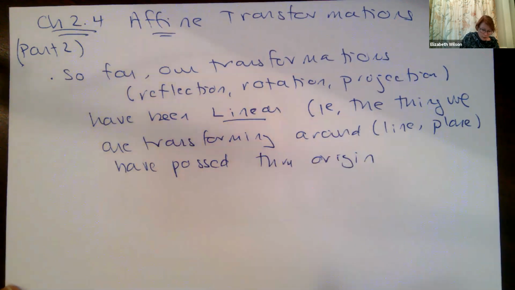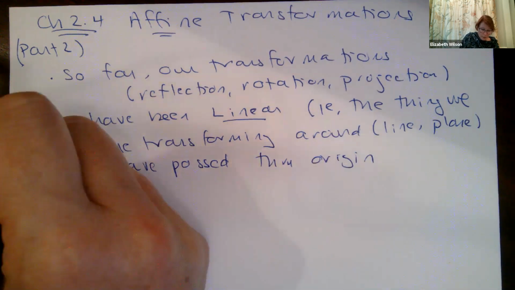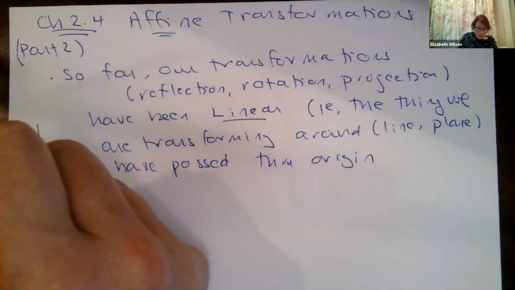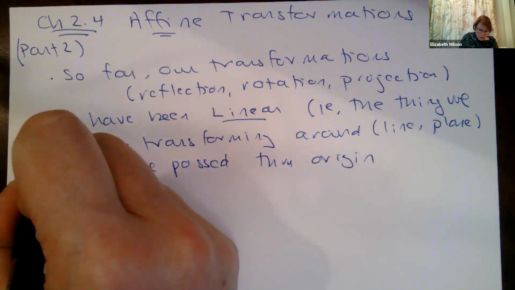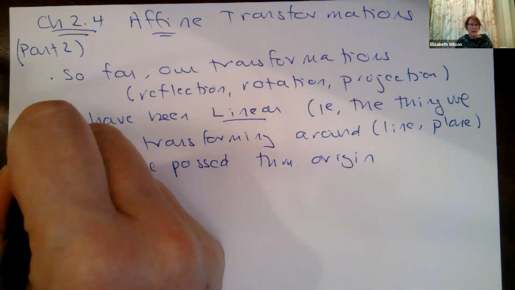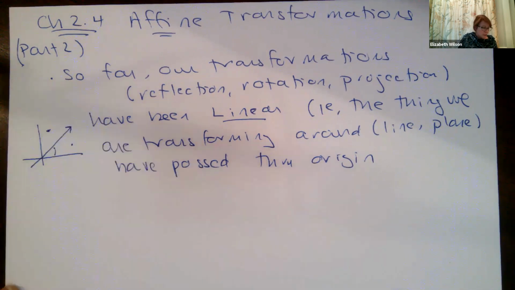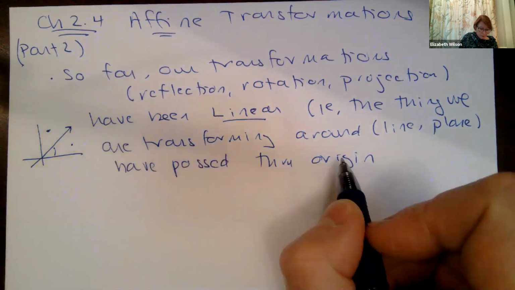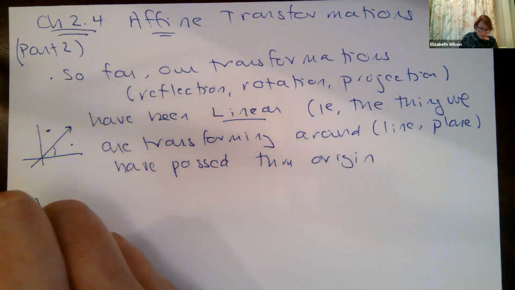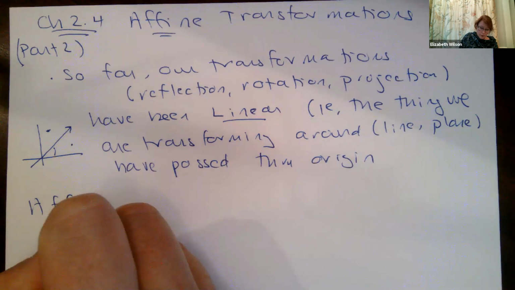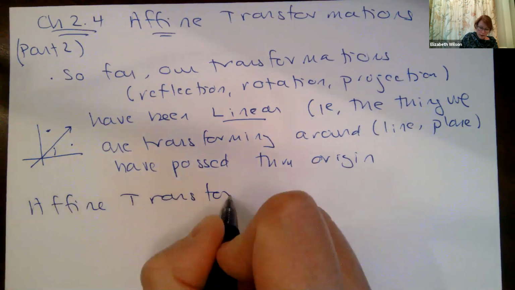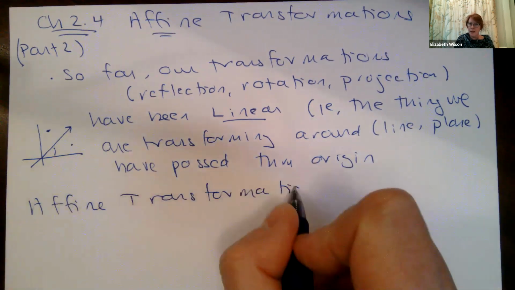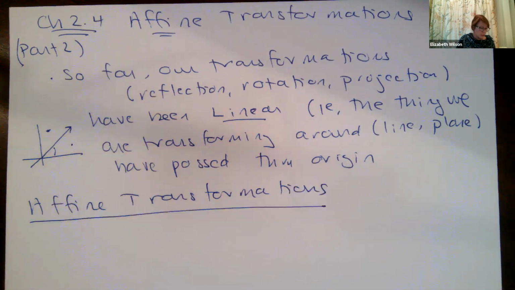So when we did, I had a line that did this, remember, and I said, oh, the line is forming an angle and I want to reflect this point across this line, that kind of thing. Well, this is a linear transformation. Now affine transformations are slightly different. They have a linear component and they have a translation. So these are closely related.